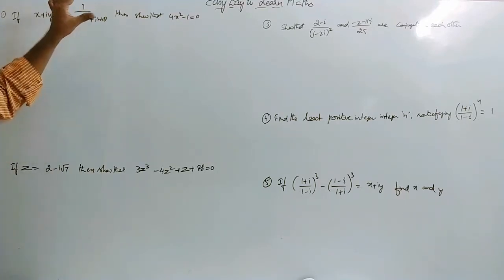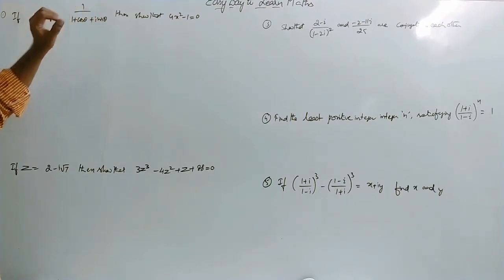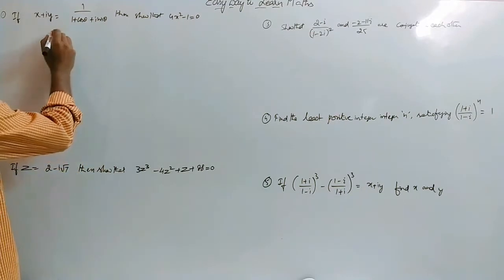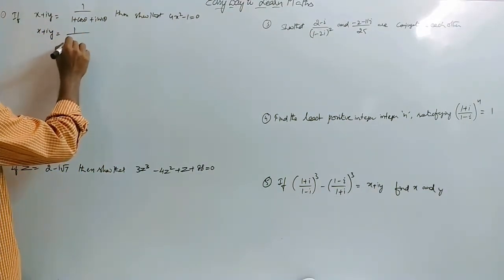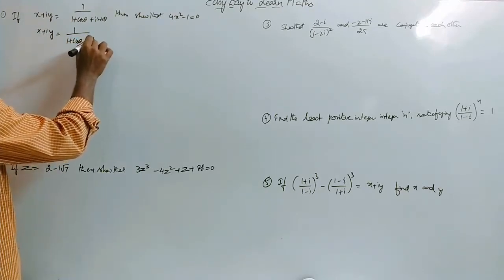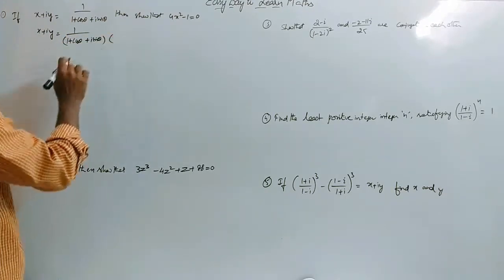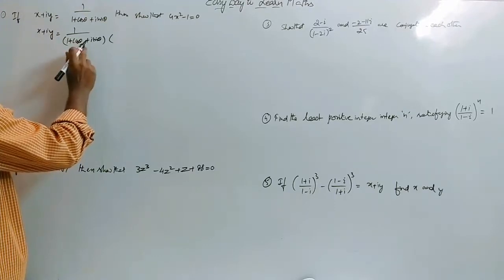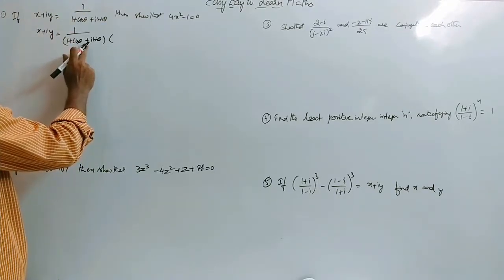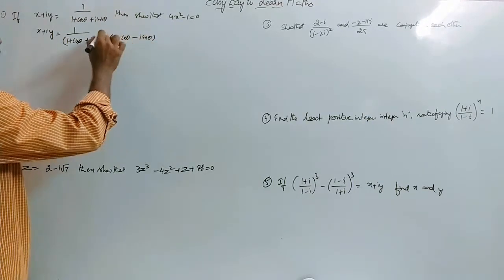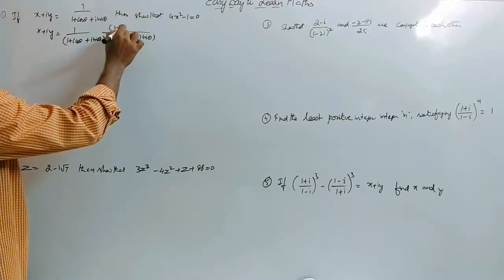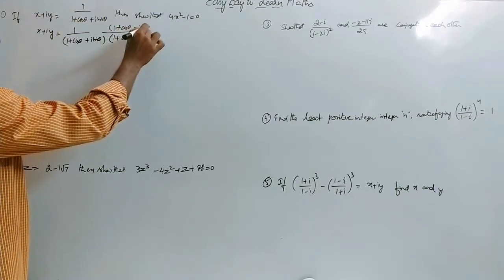That is, we have to simplify the given complex number in the RHS. Now, let us simplify. Therefore, x plus iy is equal to 1 by (1 plus cos theta plus i sin theta). Let us rationalize. That is, in place of plus, we have to keep minus: (1 plus cos theta minus i sin theta) into again (1 plus cos theta minus i sin theta).